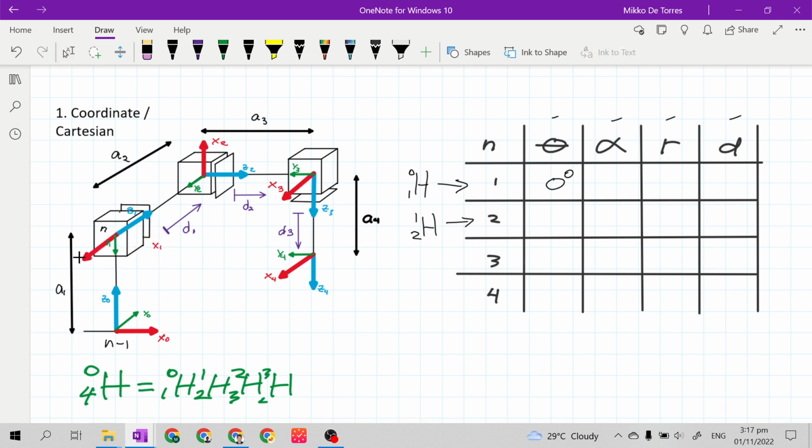Sorry, this is counterclockwise. To determine the rotation, whether clockwise or counterclockwise, you may use your right hand. This is also a right hand rule. Your thumb is the z-axis, then the four fingers are the direction of rotation. Your thumb is pointing backward, and x sub 1 is pointing to the right, so rotate to the right.